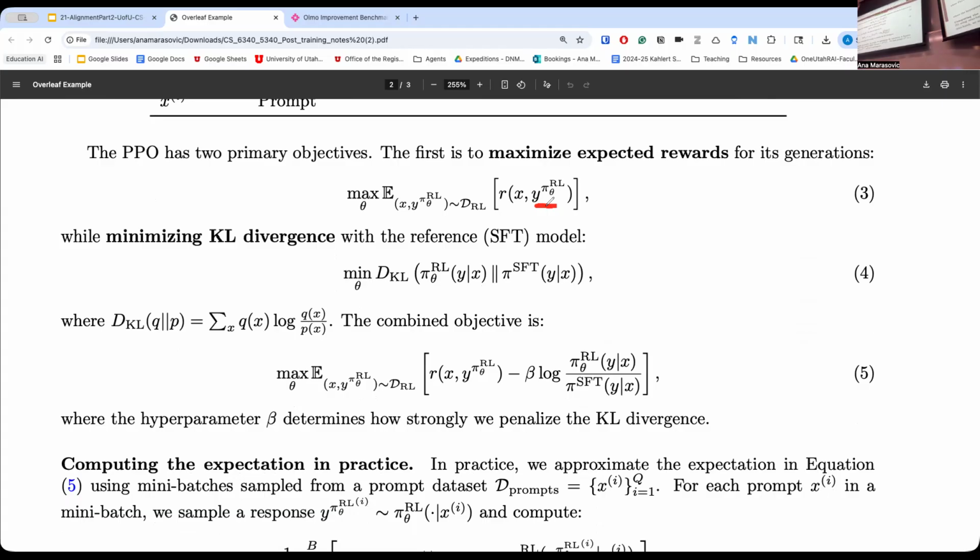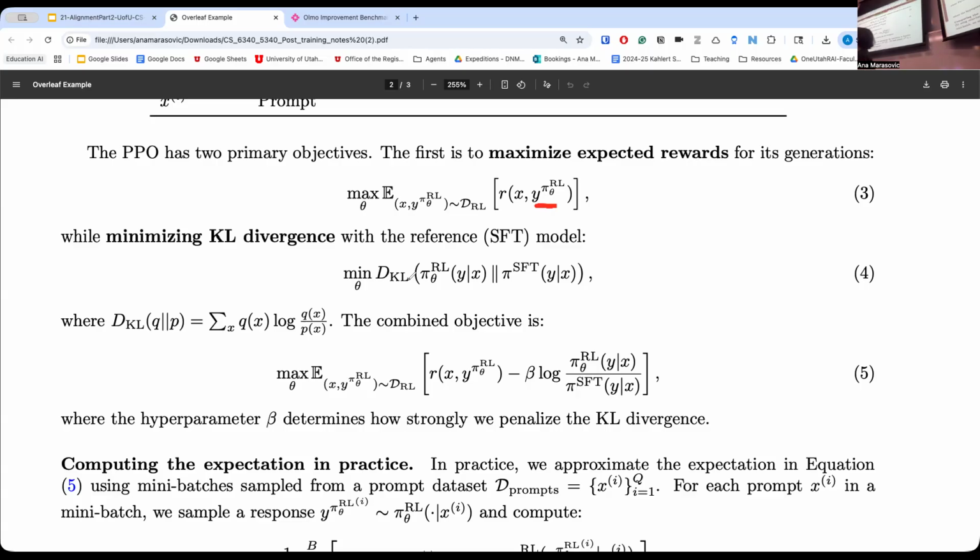It generates something, we use our reward model to give it a reward, and then we want to maximize this reward, which I think is quite intuitive. You want to fine-tune your model to have responses that are as high quality as judged by the reward model. At the same time, we said we don't want our current model to go too far away from the SFT model we started with.